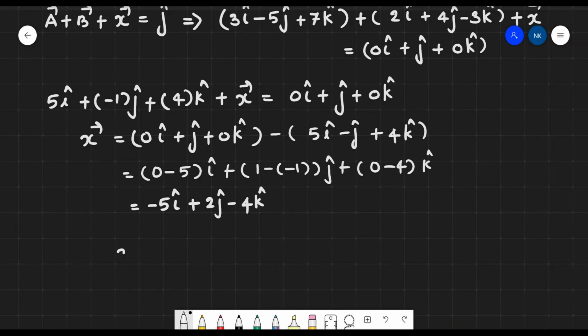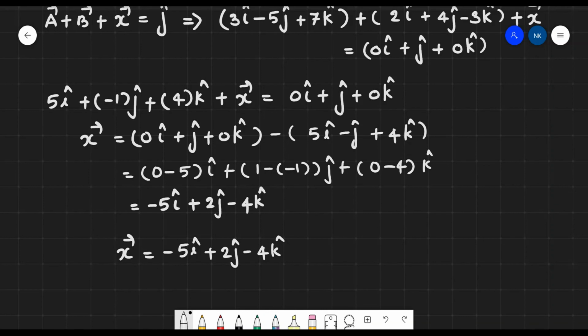So finally we can write x vector equals minus 5 i cap plus 2 j cap minus 4 k cap. Okay, so this is going to be the value for x vector.